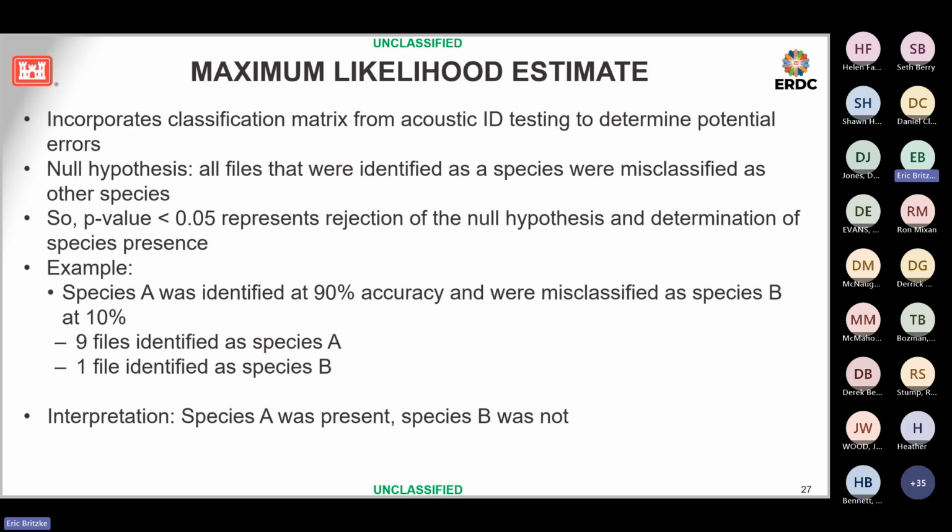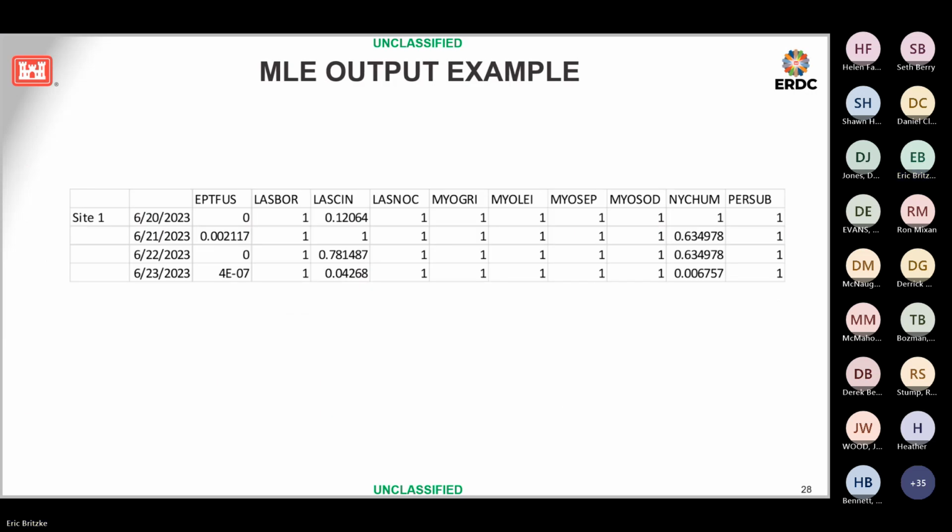So hopefully that helps explain MLE. This is an example. There are different outputs for the different programs, but the idea is that for each site night, we have, in this case, a p-value to determine species presence at a site. For all 4 nights sampled at this site, big brown bats were present.